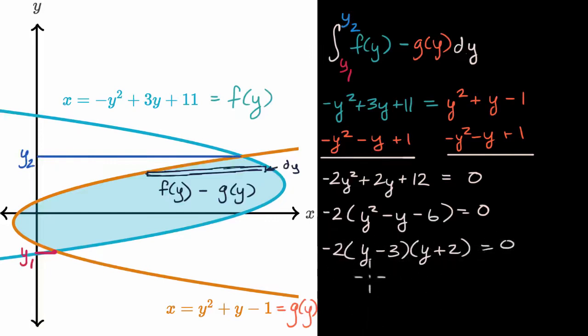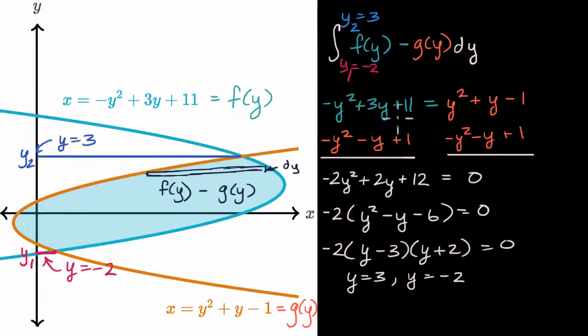The points of intersection are going to be y is equal to 3 and y is equal to negative 2. So this right over here is y is equal to negative 2, and then the upper bound is y is equal to 3.